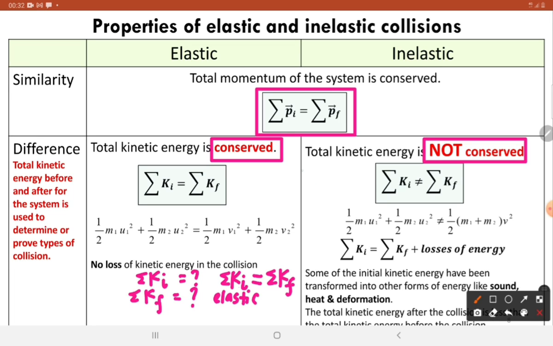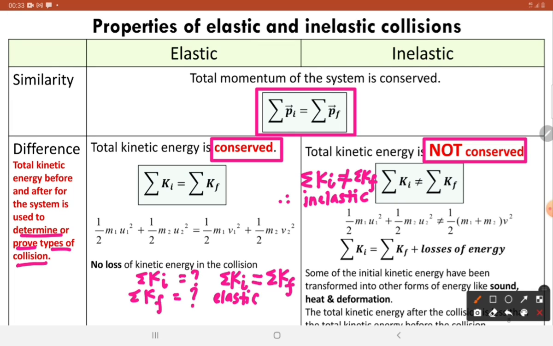While if you compare the total kinetic energy before and after collision, and the total kinetic energy initial is not equal to the total kinetic energy final, we can conclude that the type of collision is inelastic. So based on the value of total kinetic energy before and after, you can determine or prove the type of collision.